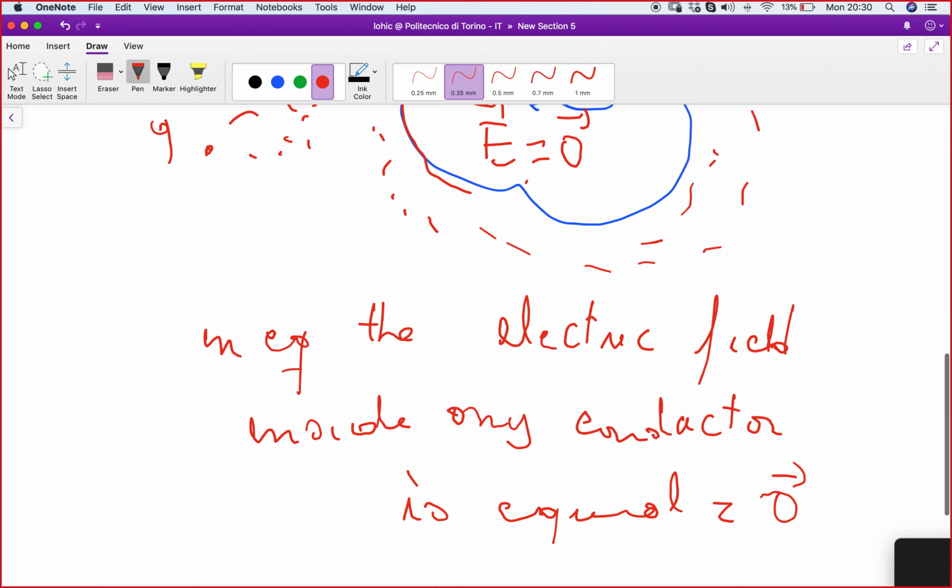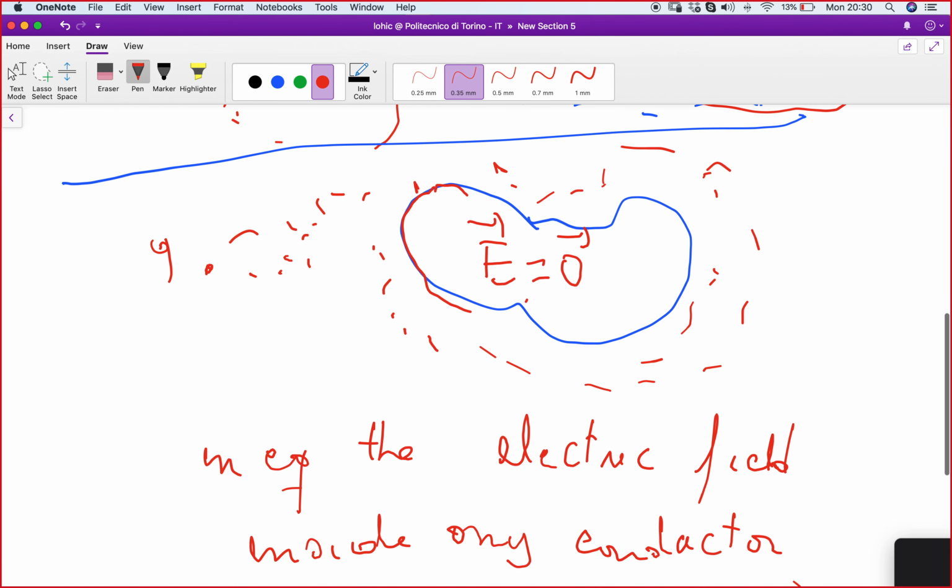I repeat, because if the electric field wasn't equal to 0, this electric field will move the charges inside the conductor, because by definition the charges are free to move inside the conductor.